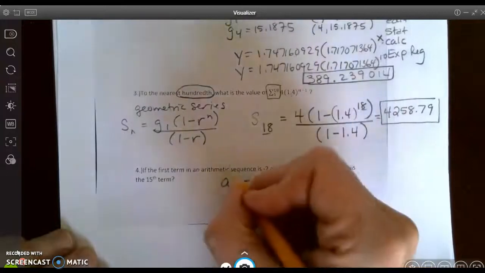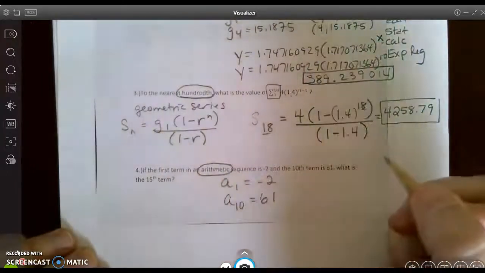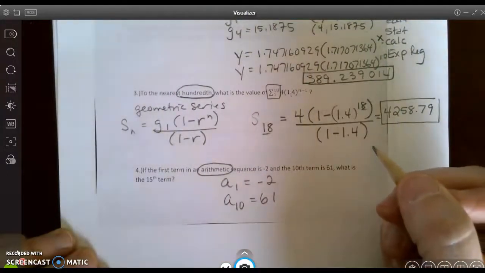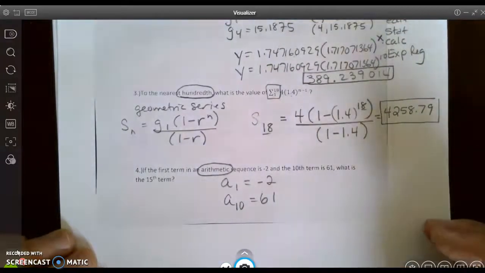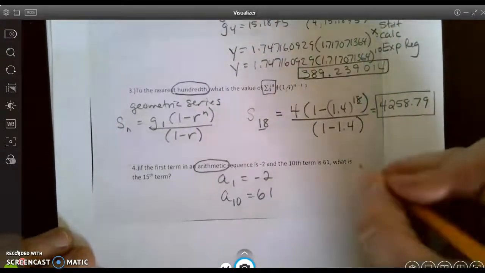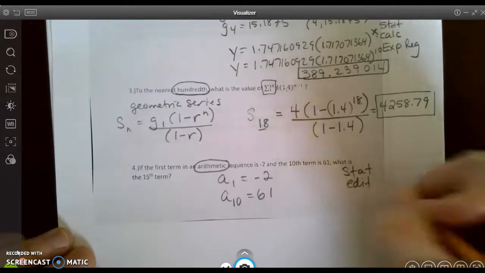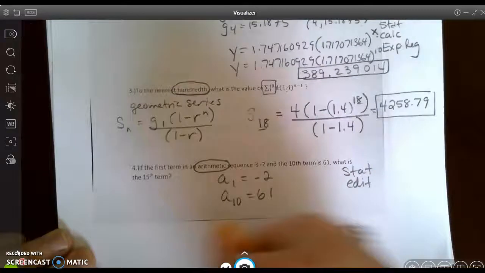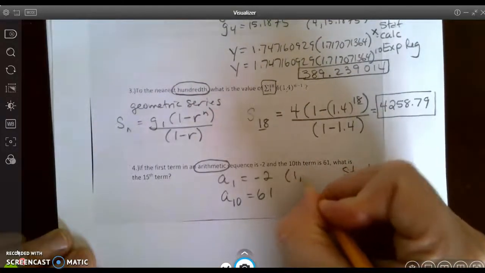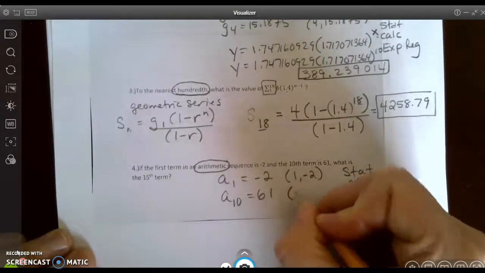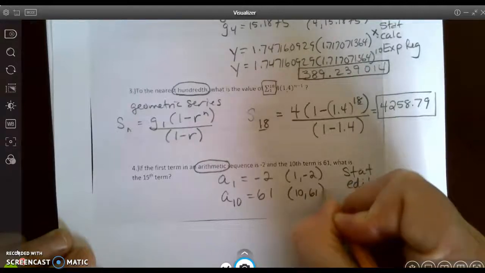Okay, arithmetic is always linear, so I'm going to follow the same process that I did up in number 2, where I'm going to go to Stat and Edit and enter this data. So my ordered pairs would be 1, negative 2, and 10, 61.